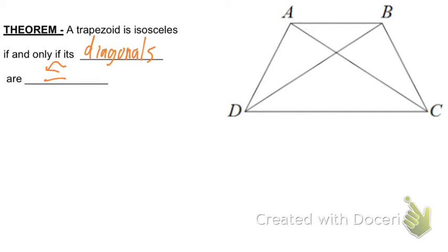If in a trapezoid the diagonals are congruent, we automatically know it is isosceles as well. So here we see a trapezoid with diagonals. If D to B is congruent to A to C, then we know it's isosceles, even if it's not marked that it's isosceles. The diagonals being congruent is enough to tell us it's isosceles. That's what this theorem says. Does that make sense? Anyone still need this?